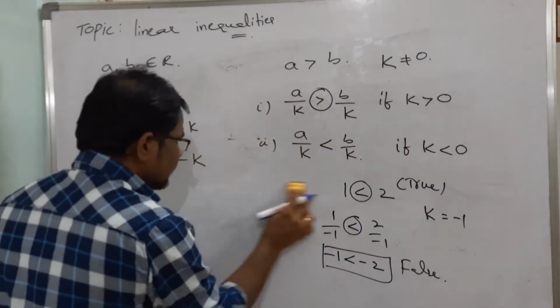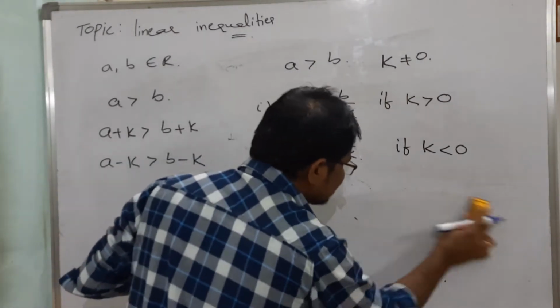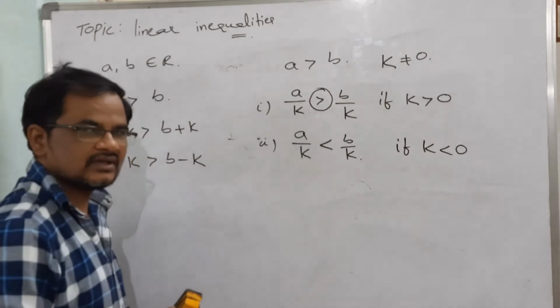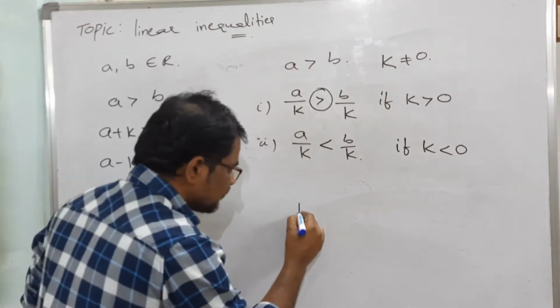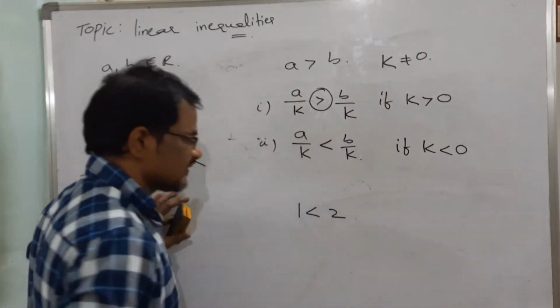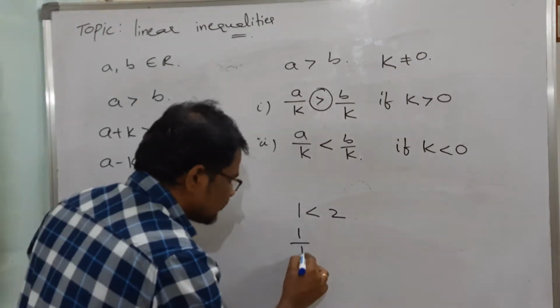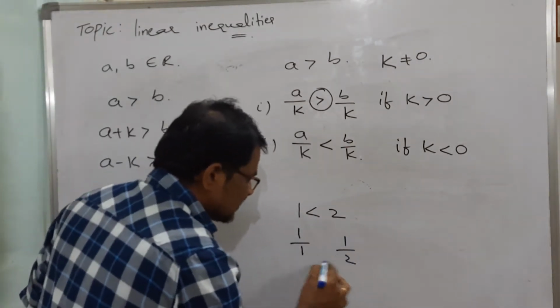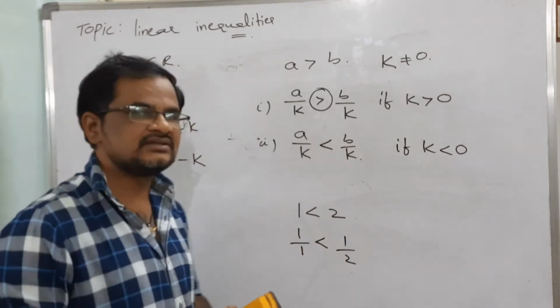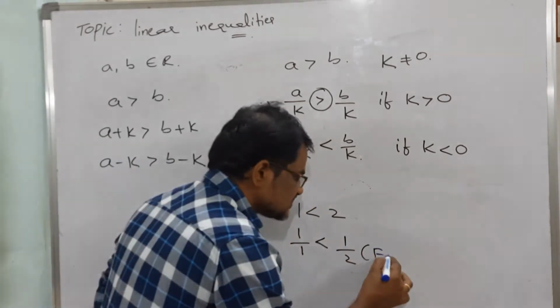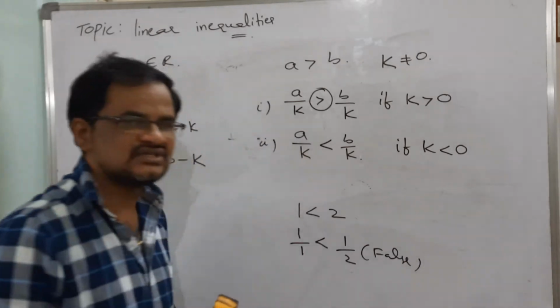Next, suppose you take the reciprocal. For example, 1 < 2. If you take the reciprocal of both sides, 1/1 and 1/2, keeping the same less than, the statement is false.